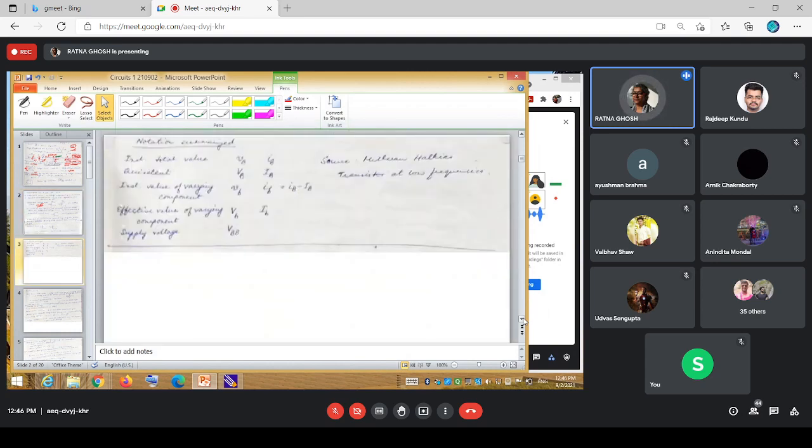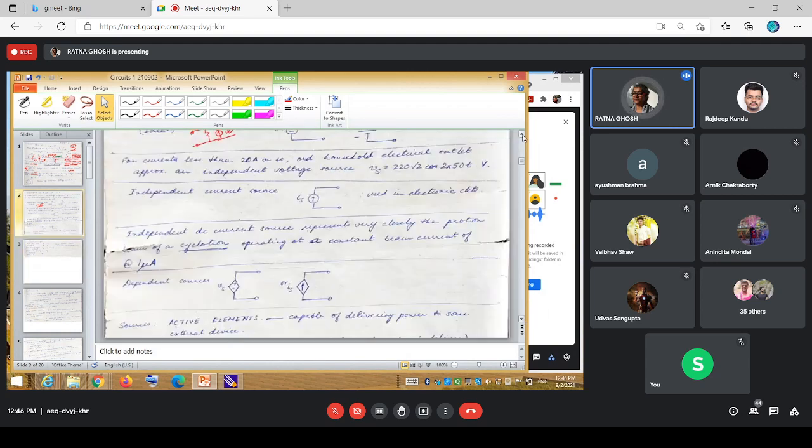Dependent sources, when you're looking at that, this would be the representation. Independent sources are circles. Dependent sources are typically diamond representations.